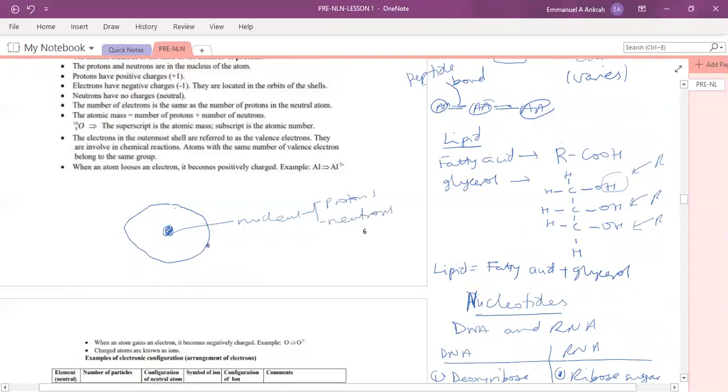Then the electrons will move in what's called the orbits. So electrons will be somewhere, and this is the orbit. Orbit is just the path in which you find the electrons. They move like in a circular path, and that's the orbit. So this is positively charged, this is neutral, and this is negatively charged. So that's a summary of what I have there.